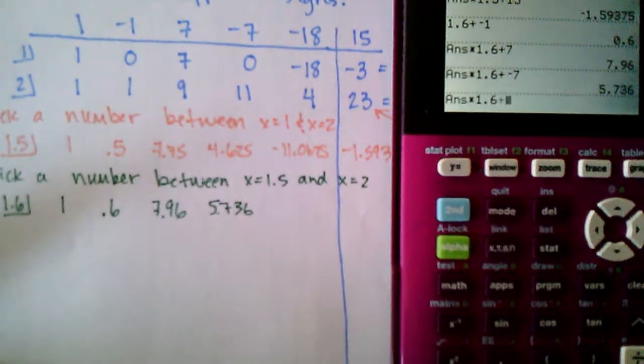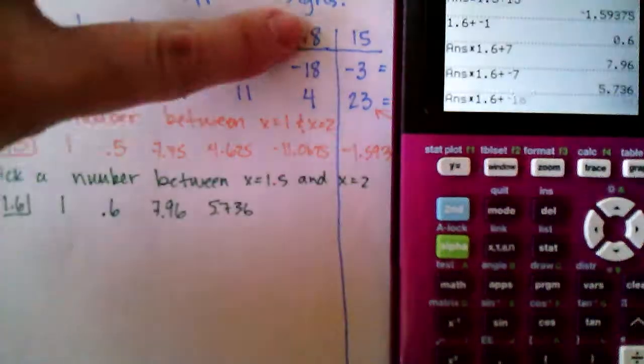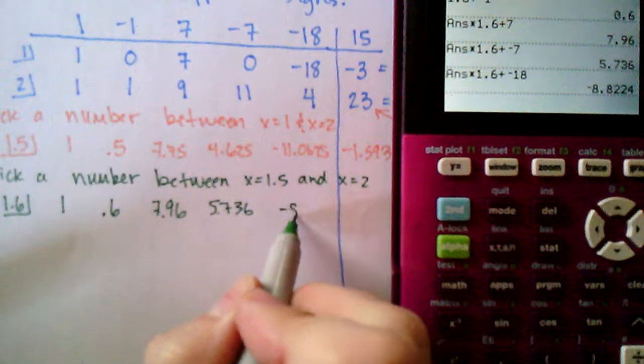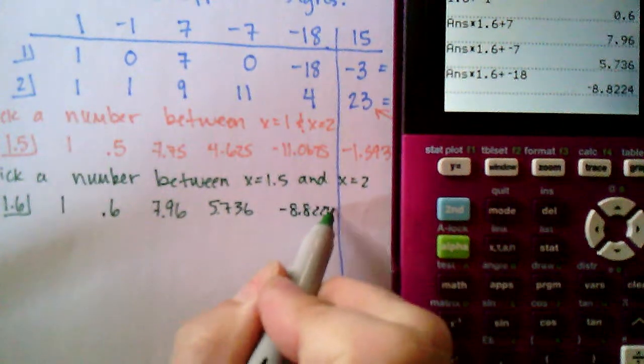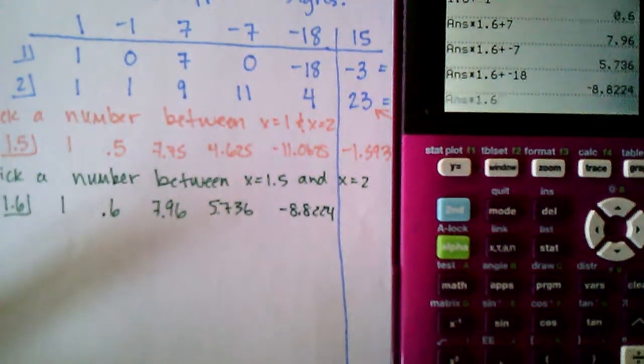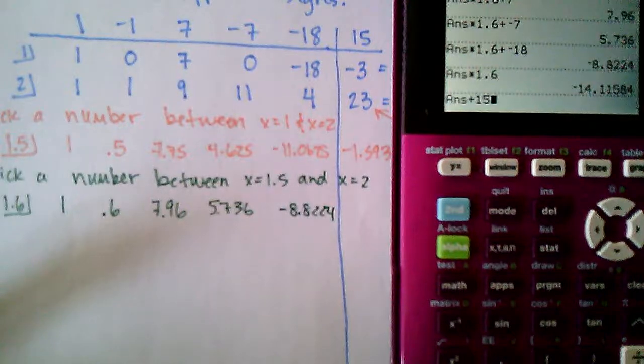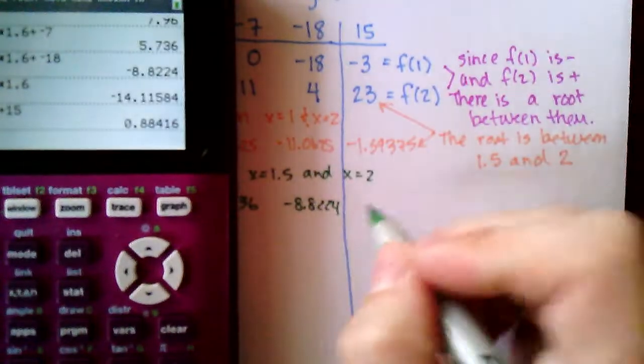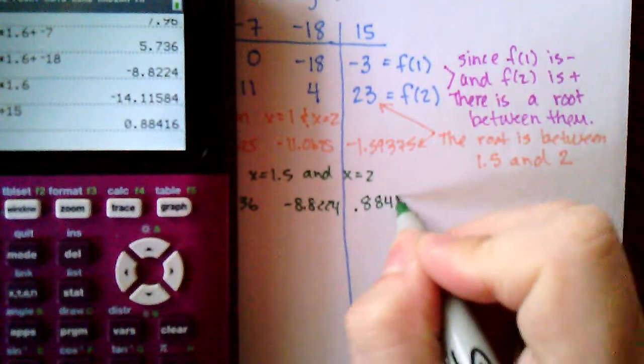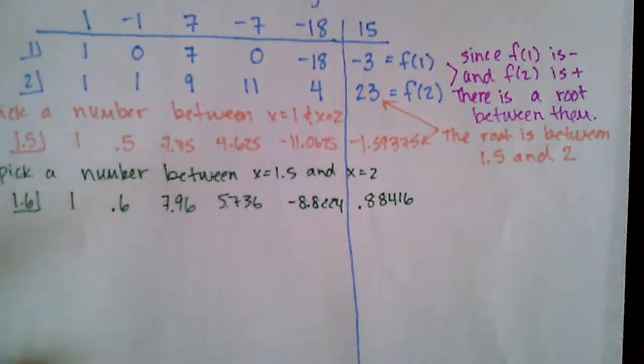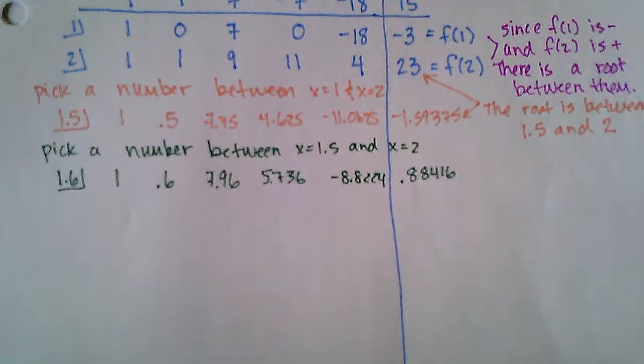Times 1.6, add it to negative 18, negative 8.8224. Times 1.6, add it to 15, 0.88416. Okay, now I want to look at where the sign change happens.